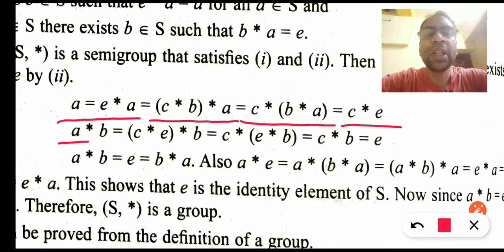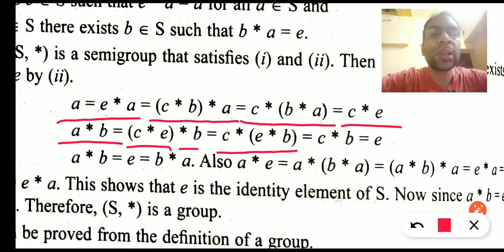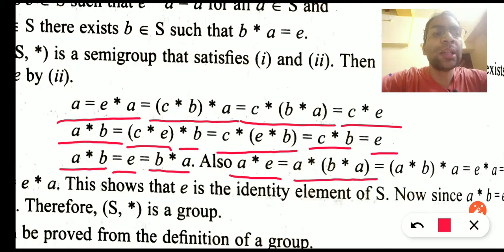So A asterisk B is equal to C asterisk E asterisk B, that is C asterisk B, which will be equal to the identity element. Now A asterisk B is the identity, B asterisk A is also A asterisk E, and this will also conclude.